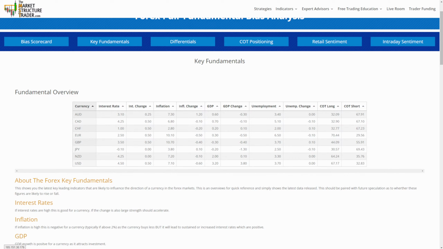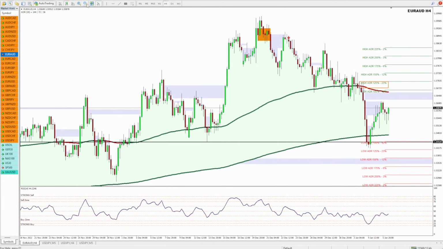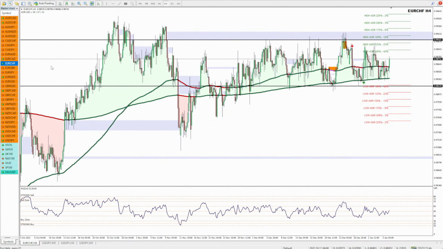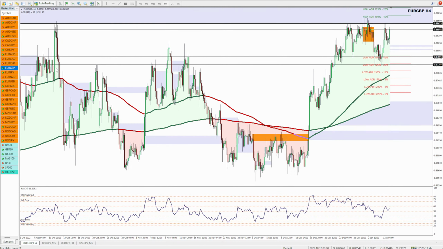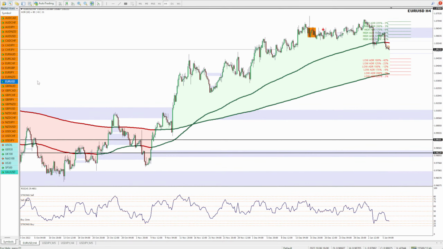So euro strong, but not as strong as obviously things like the US. So all these euros, I would be looking more for buys. You can see, obviously, if I flick through them all quickly, pretty much green across the board. Yeah, everything's green. So we are long euro. New Zealand, not quite as much. Again, strength.